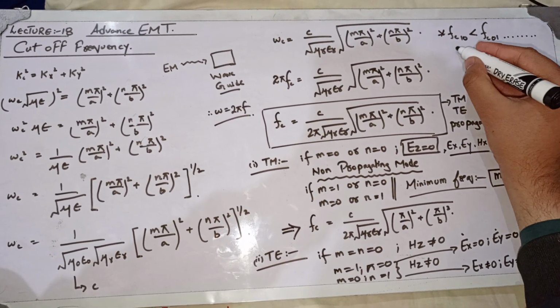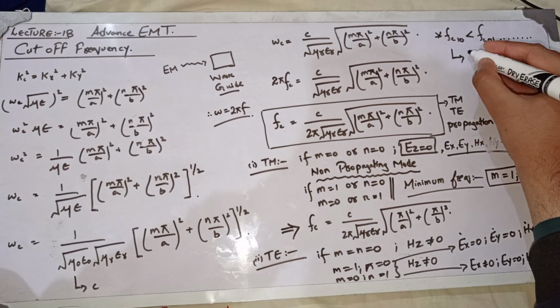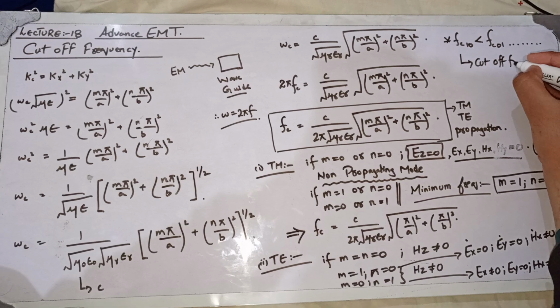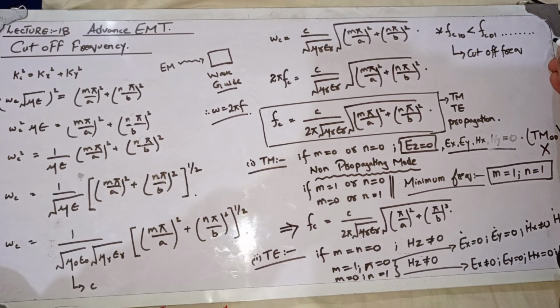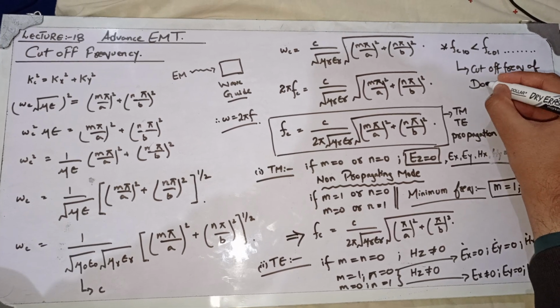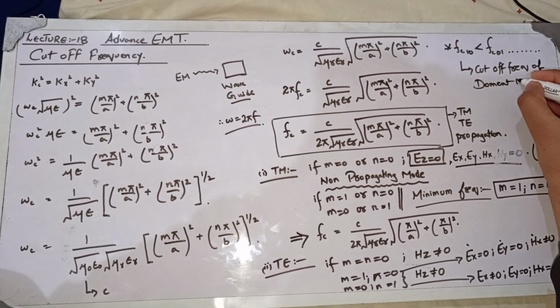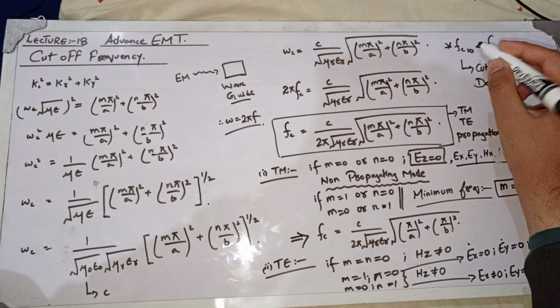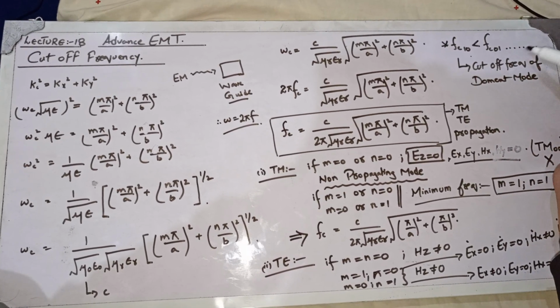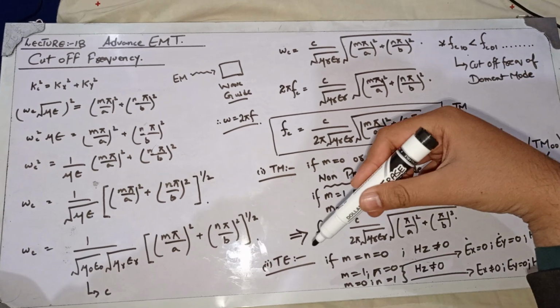So basically this is called the cutoff frequency of the dominant mode, because this cutoff frequency of 1 0 is always less than the cutoff frequency of any mode in TE mode.